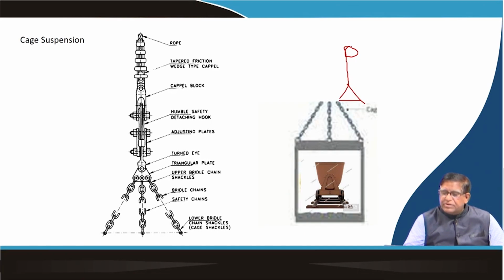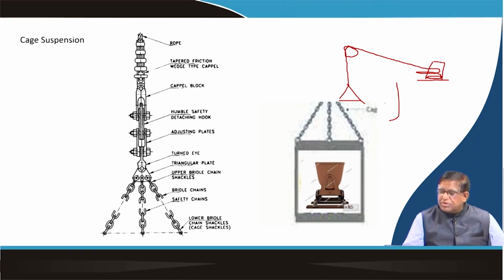Now, this wire rope will be going over the sheave, and then it will be wound on a drum. It will be wound on a drum, and there will be a number of turns over it depending on the depth of the shaft. Now, this winder drum is driven by a motor, it is mounted on the ground, and it will be coupled with a gearbox, and then coupled with a drive motor.